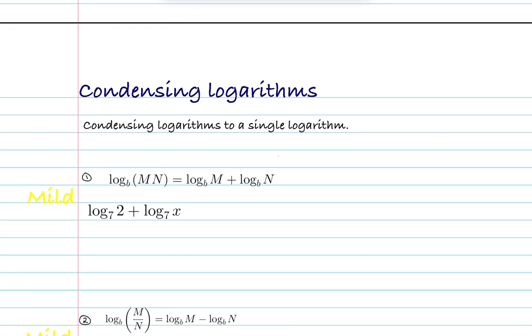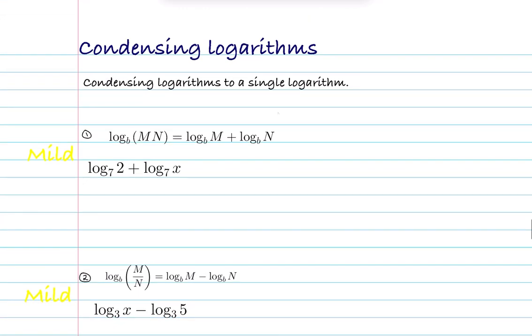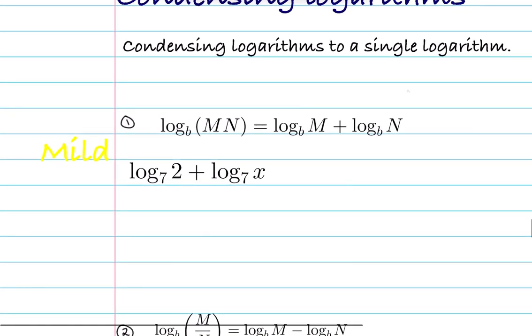If we take a look at the first property, remember, this is called the product property. The reason being product is, remember, you've got multiplication here. When we were expanding, we started off with one logarithm, we broke it into two. Now we're going to go backwards. We're starting with these two logarithms and we're going to condense it to one.